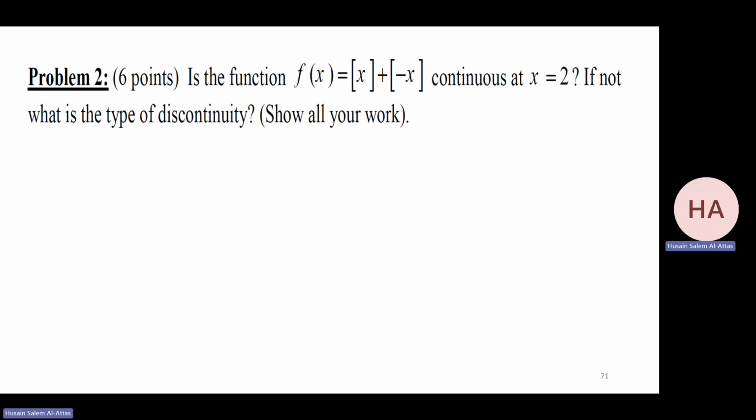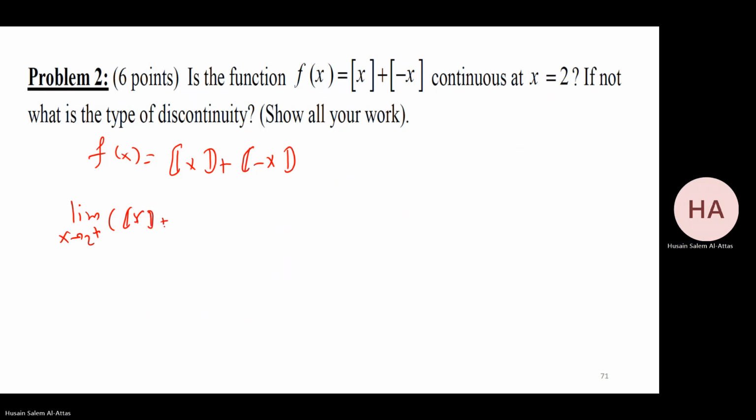Is the function continuous at x equals 2? If not, what is the type of discontinuity? I need to check the limit. This is the function: greatest integer of x plus the greatest integer of minus x. I need to check the limit as x goes to 2 from the right of this function and from the left.